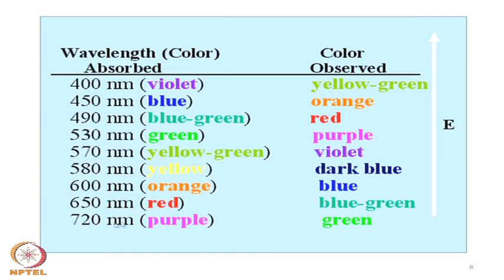So, these are the absorbed ranges from 400 to 720 nanometer. In VIBGYOR we have the 7 colors, and when we reduce those 7 colors to 6, we get an even number of segments in the color wheel.